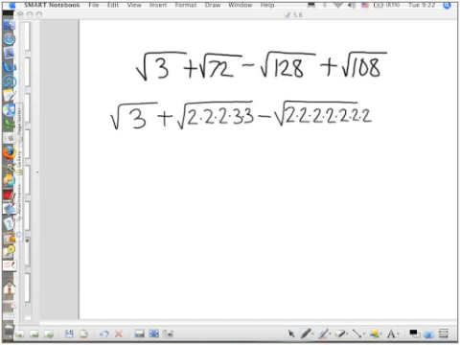Okay? And 108 is getting small, because I'm running out of room here, is 4 times 27.